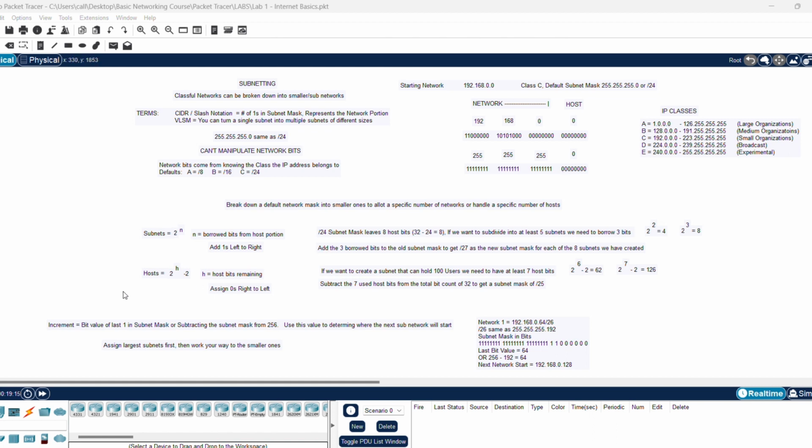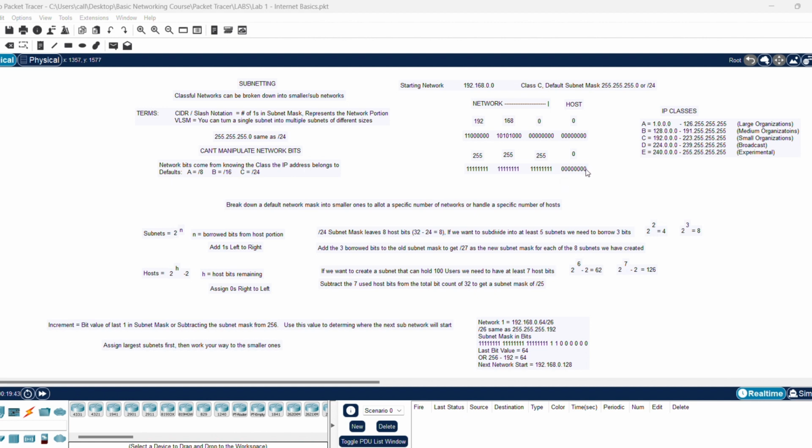The final thing that really comes in handy when you're subnetting is being able to determine your increment. Basically, your increment helps you figure out where the next network would start, or where your network is supposed to start as well. Essentially, this is the bit value of the last one in your subnet mask, and by bit value I'm talking about the value of the bit in the group of 8 bits.